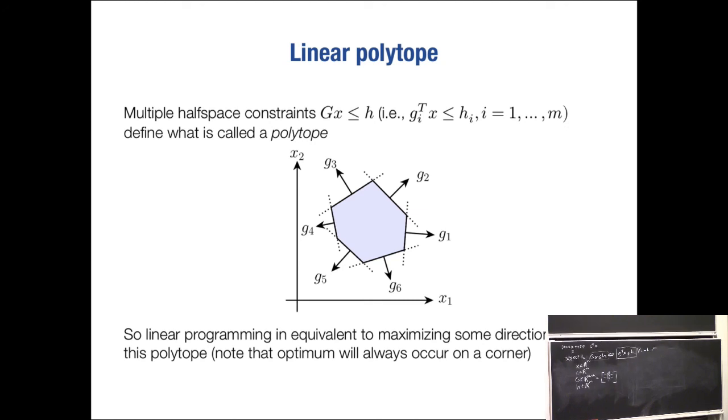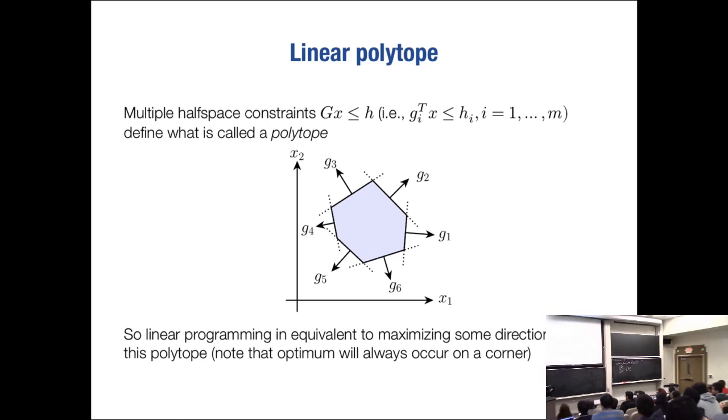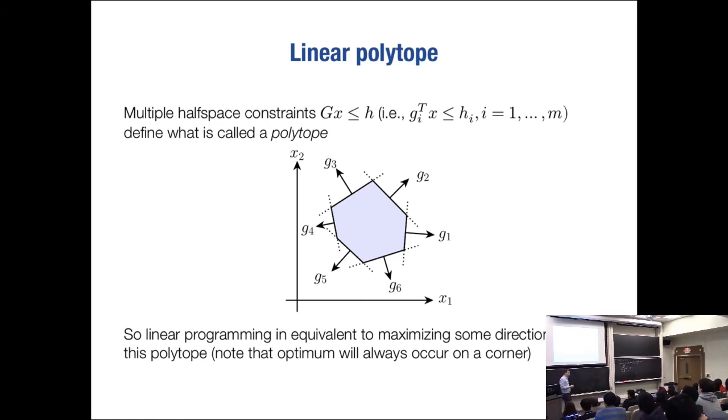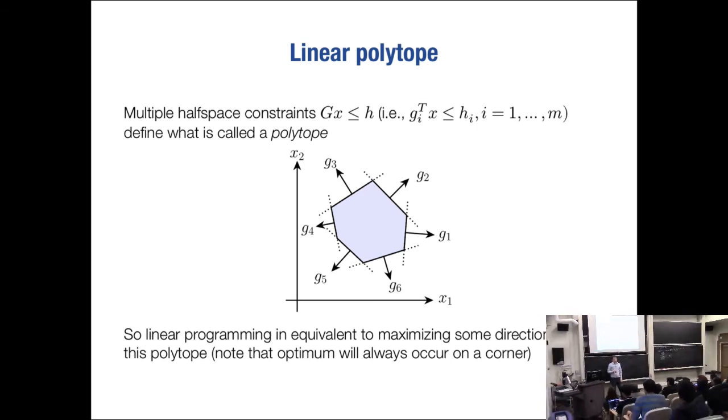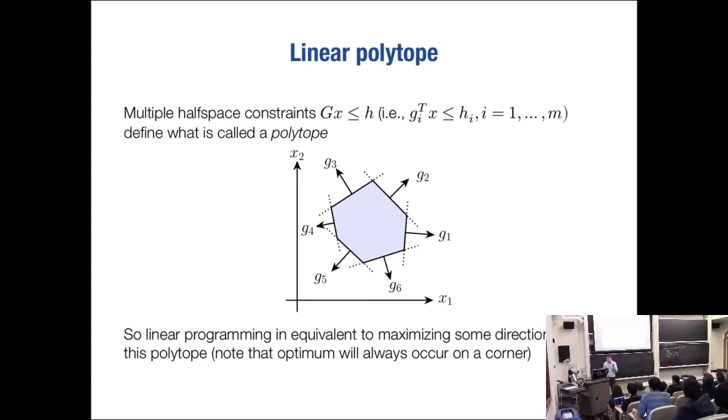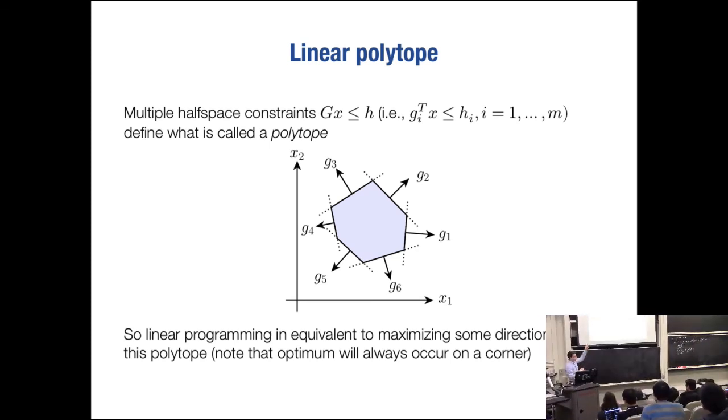Okay? And so linear programming really is just equivalent to the following. We're trying to maximize some direction, right? So C transpose X is some direction in this space. We're trying to maximize some direction subject to the constraint that we have to lie inside this polytope.